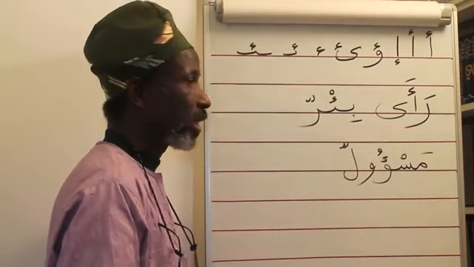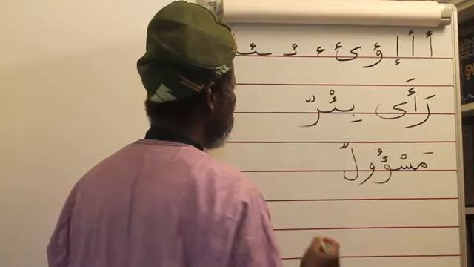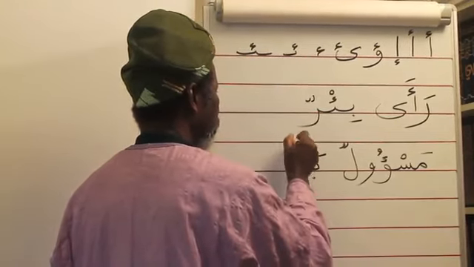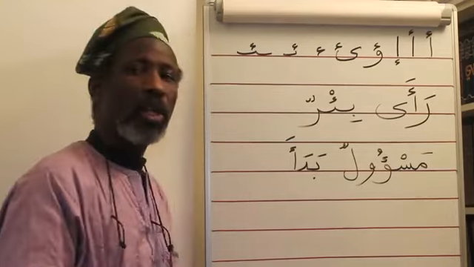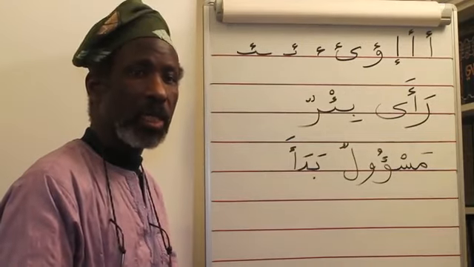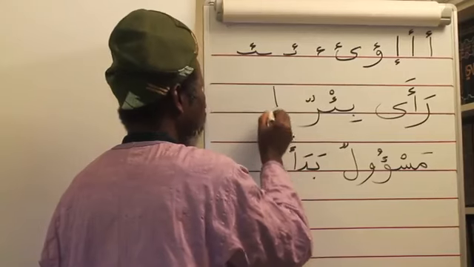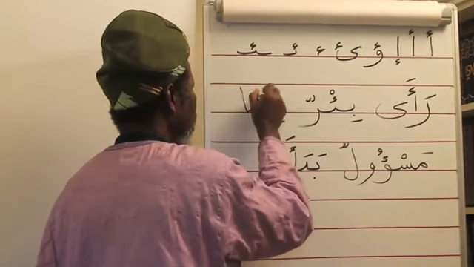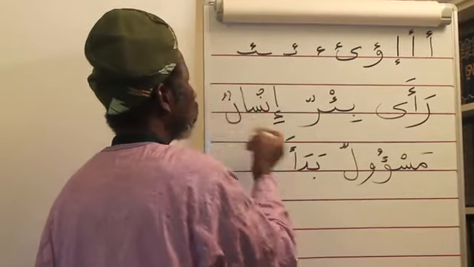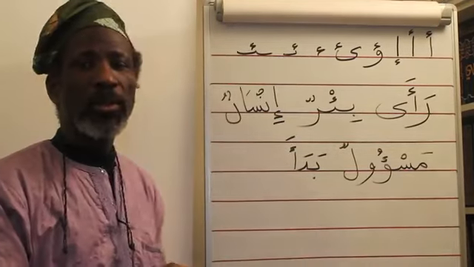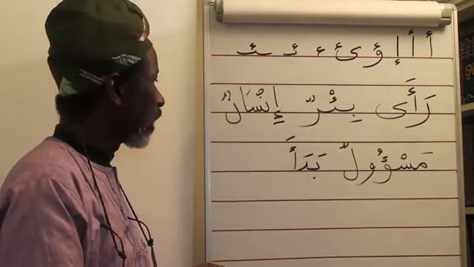Something like if I say bada'a. Sitting on the alif. Insan. Insanun. Insanun is sitting below the alif.